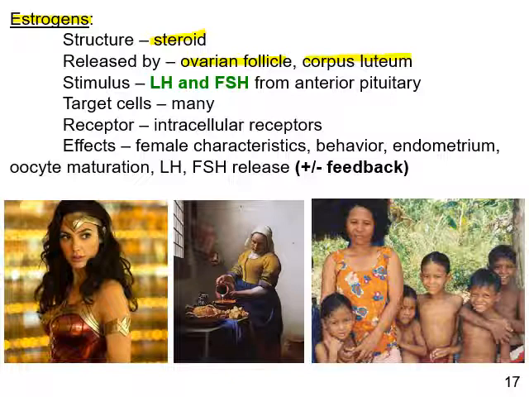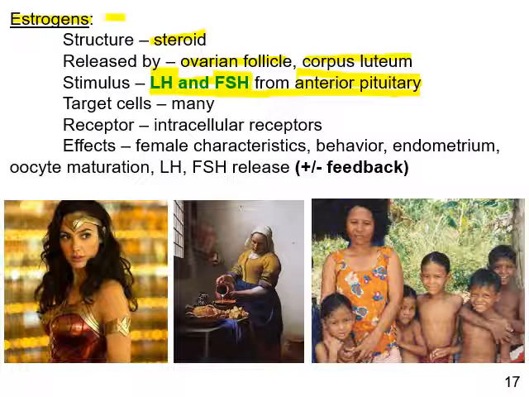The stimulus for estrogen production is LH and FSH. LH is what stimulates the production of androgens by the theca, and FSH stimulates the proliferation of the granulosa cells. But combined together, those hormones from the anterior pituitary stimulate the ovarian follicle to make estrogen.